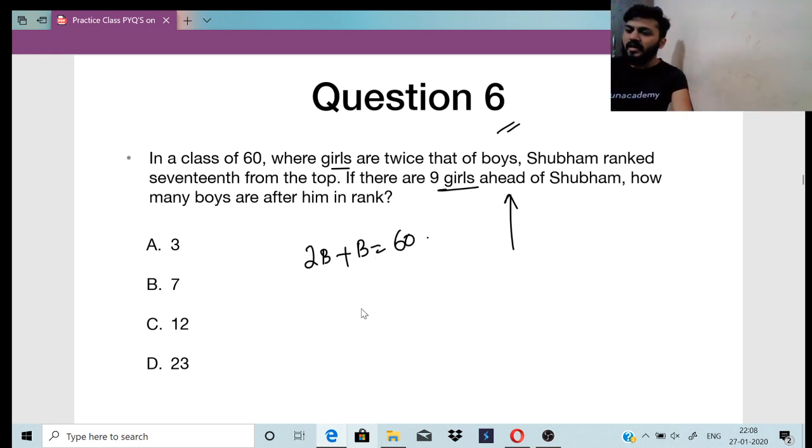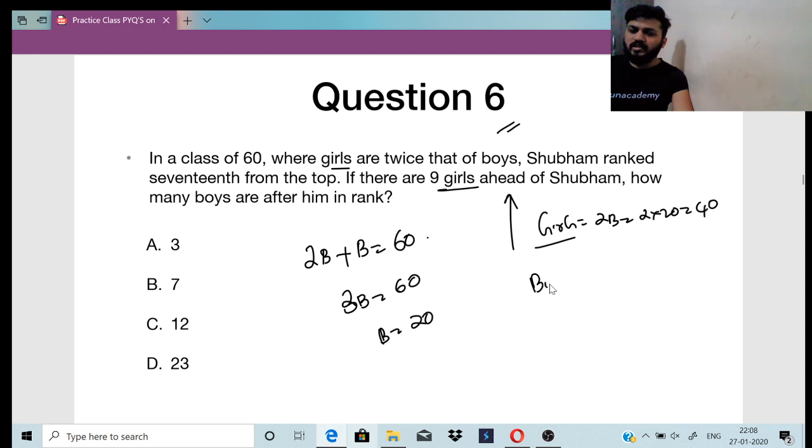So 2b plus b equals 60, so it becomes 3b equals 60, so b equals 20. So girls is 2b, that is 2 into 20, 40 girls.